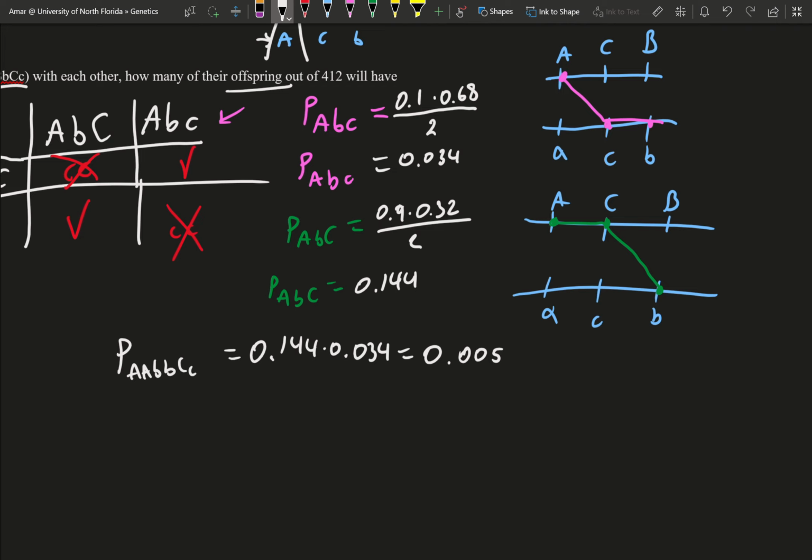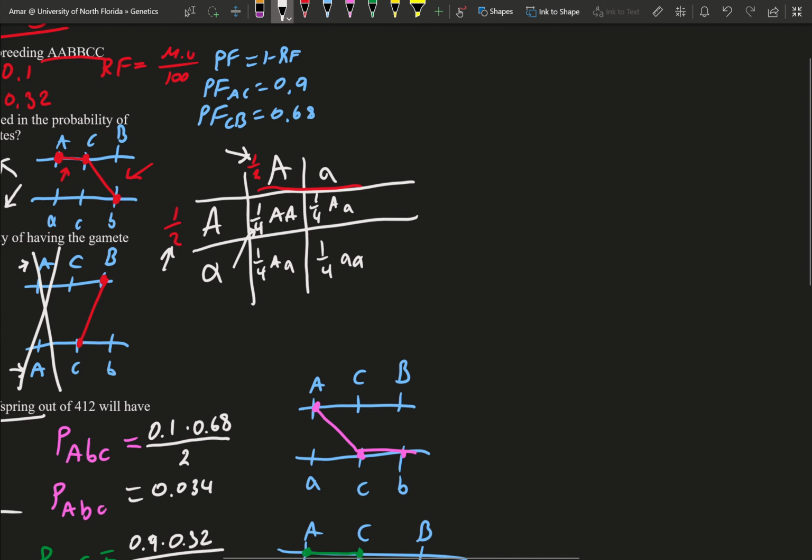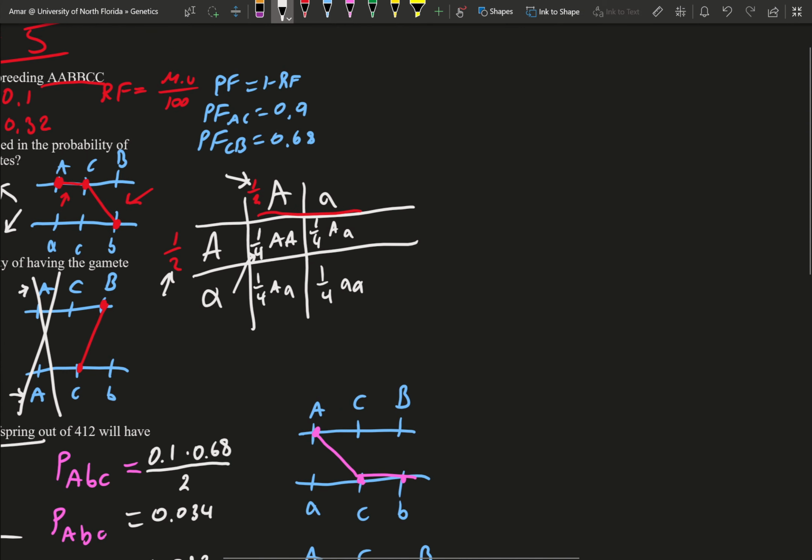And we still have one more thing to focus on. Remember that in this example, in our original Punnett square, we have two possibilities that satisfy the exact same genotype, right? We have a big A, little a from the right side, and we have a big A, little a from the left side. So two possibilities.